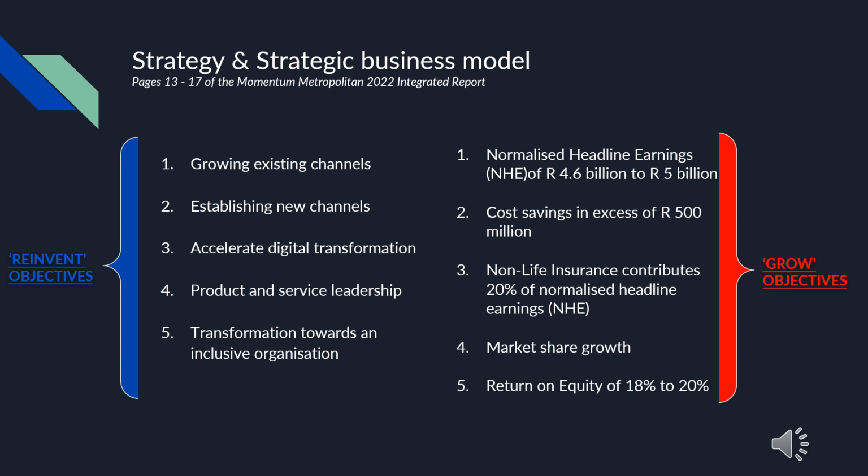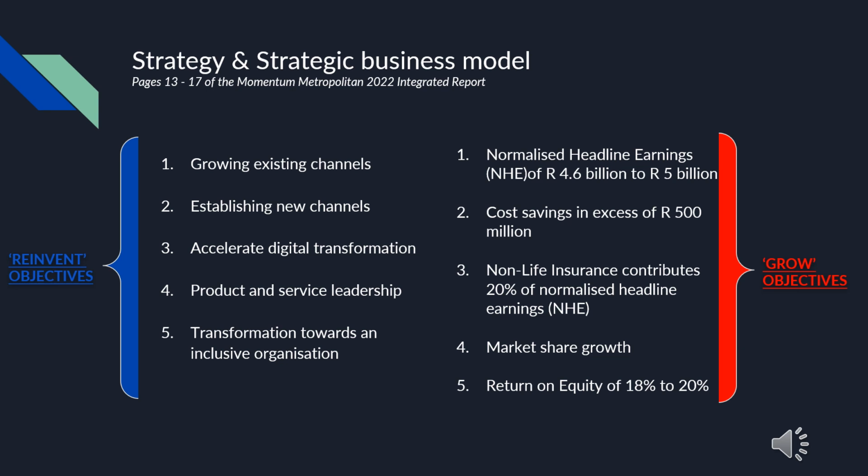The company also has 5 Grow objectives, which are financial results orientated. The first relates to increasing normalized headline earnings from 4.6 billion to 5 billion. The company also aims to enact cost savings in excess of 500 million, which it believes it will do through digitalization and improving its use of technology.